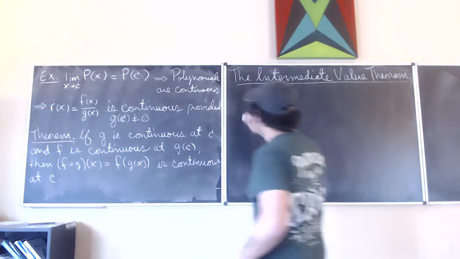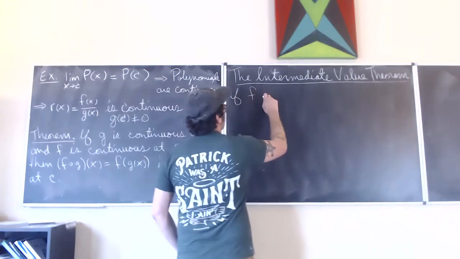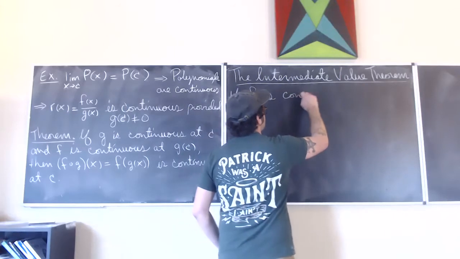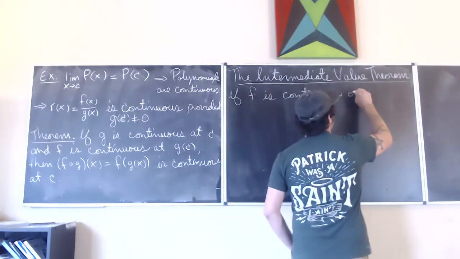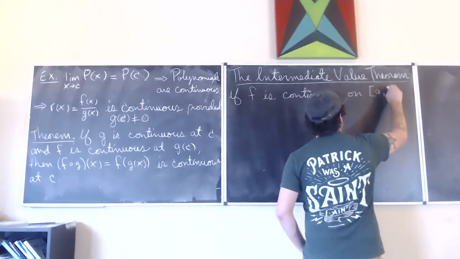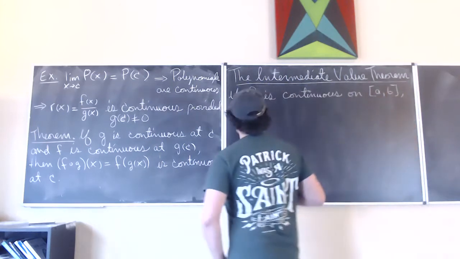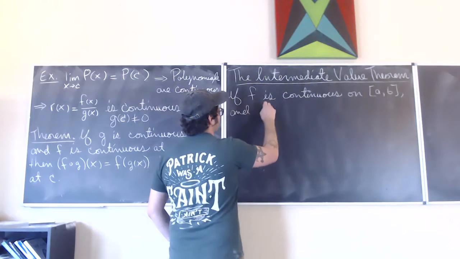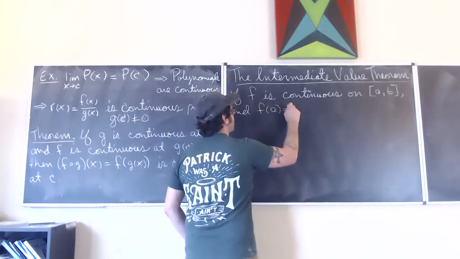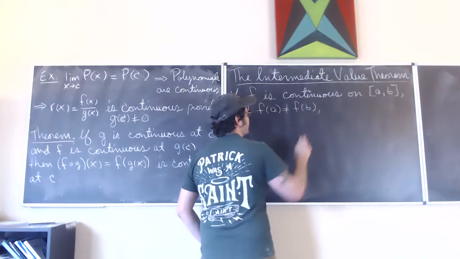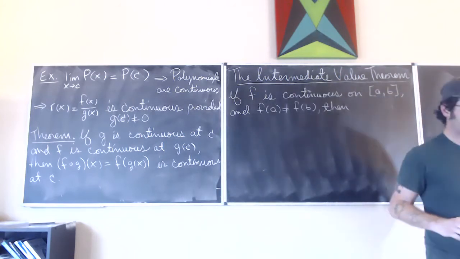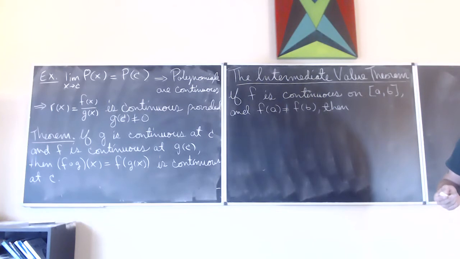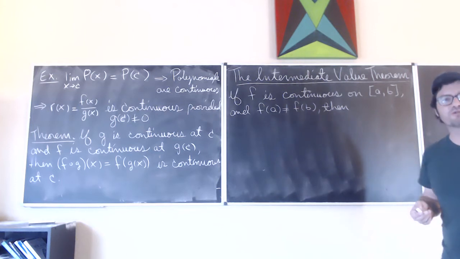So it says that, okay, if f is continuous on the closed interval AB, and f of A is not equal to f of B, then there exists, well, let me see if I can just model the language from the book the best I can. I'm going to alter what the book says.